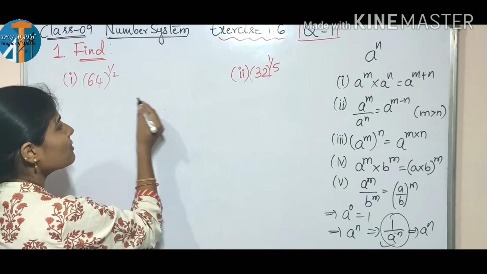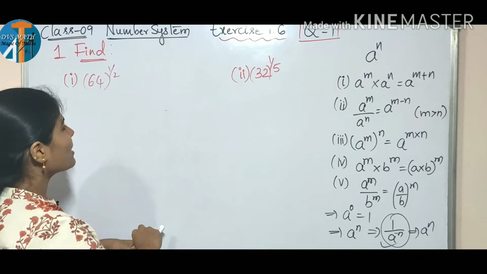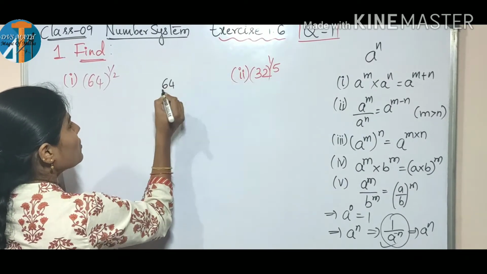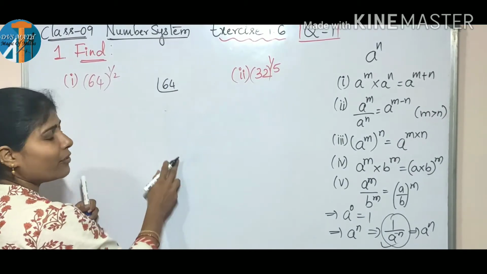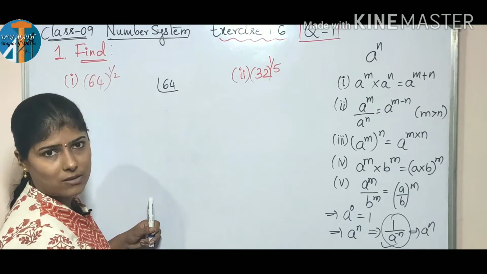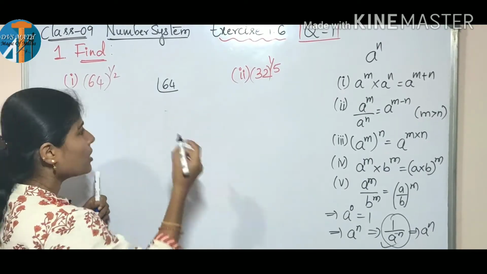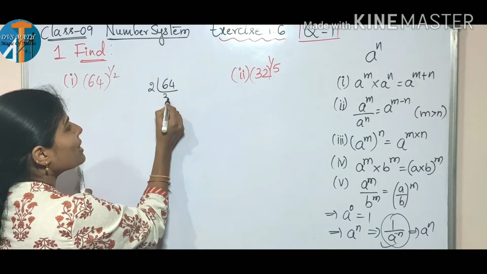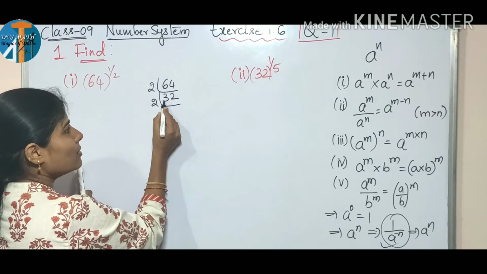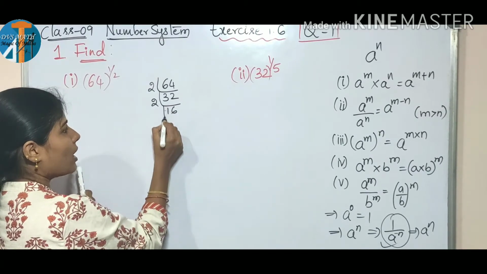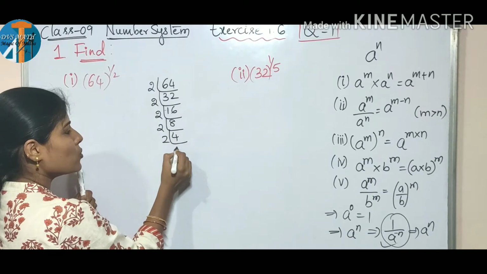For this, it is very simple, you have to remember. If I consider 64 and keep on dividing, or take its factors, always start from 2. 2 3s are 6, 2 2s are 4, again 2, 2 1s are 2, 2 6s are 12, again 2 8s are 16, again 2 4s are 8, again 2 2s are 4.